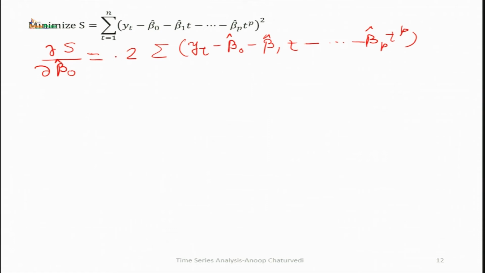So, you get -1 here. So, we put minus sign here and then we write it equal to 0. Similarly, we can differentiate S with respect to beta 1 hat.